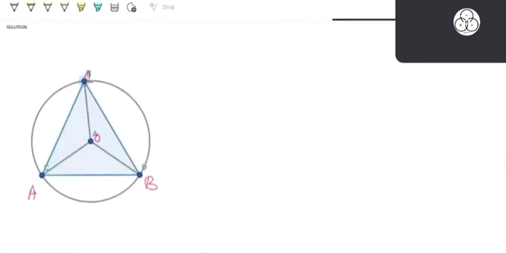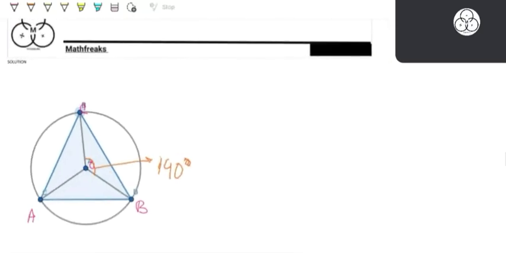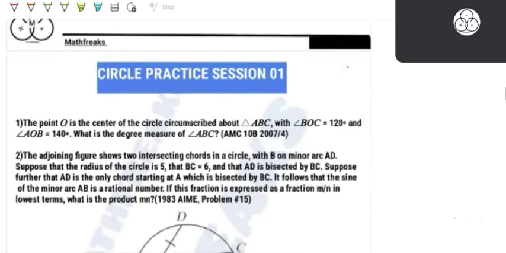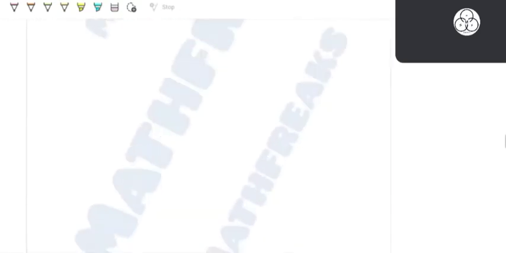Angle BOC is given. And what was angle AOB? Angle BOC 120, right? AOB 140. Okay, fine.